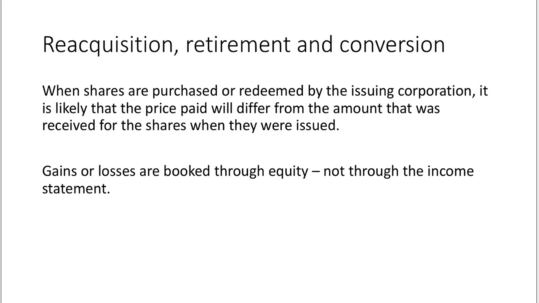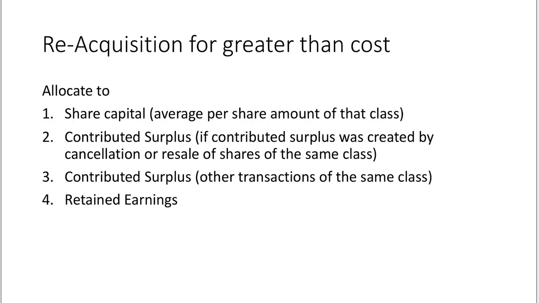And again, because of the nature of this transaction, gains and losses are booked through equity. They're not gains and losses from operating activities. So the possibility is that they will be reacquired at greater than the cost. And this is how you handle it.